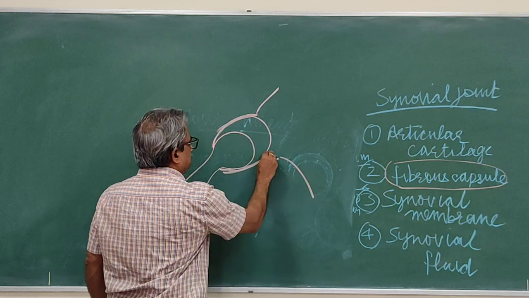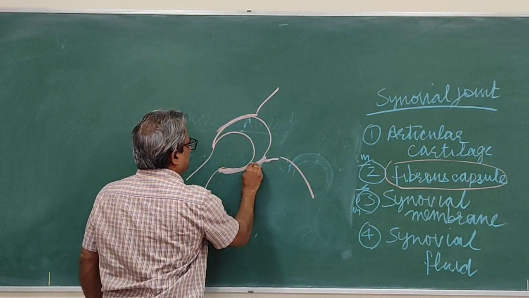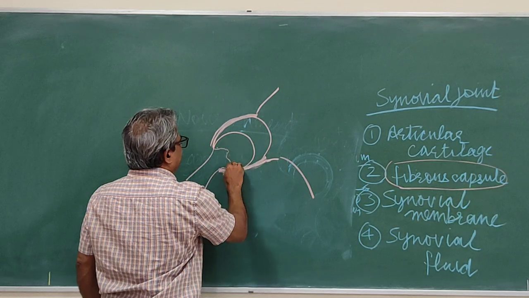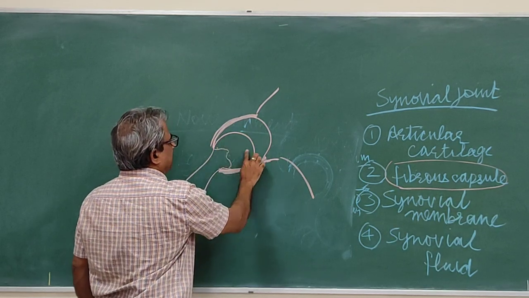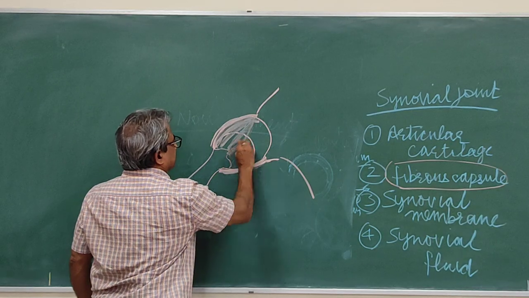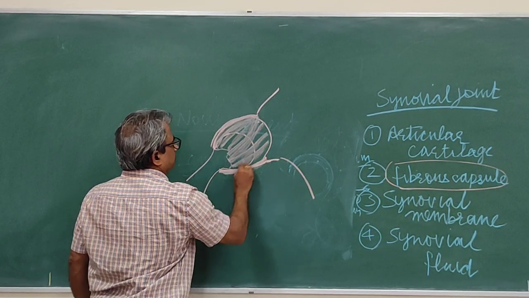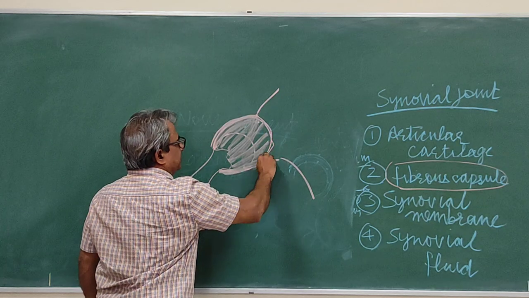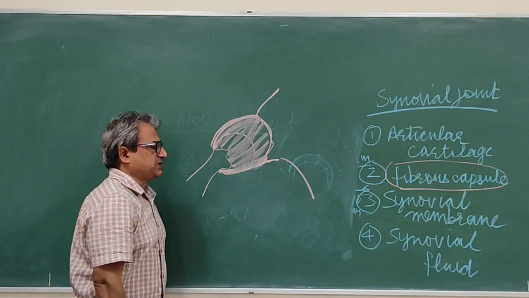This is a section of that part. This is the fibrous capsule. So here is the attachment of the fibrous capsule. Say this is all covered with the hyaline cartilage. So how is the fibrous capsule present? Like this. This is the lining of the attachment of the fibrous capsule.